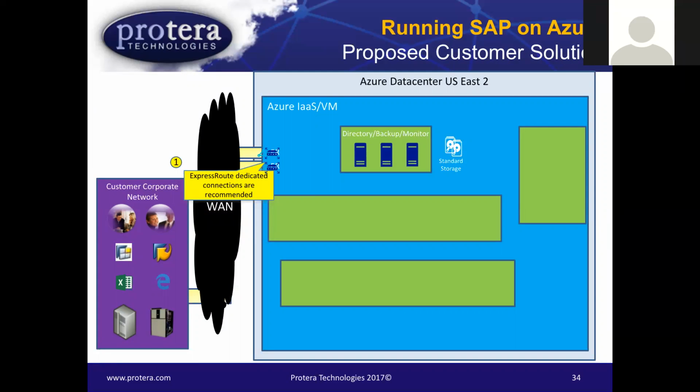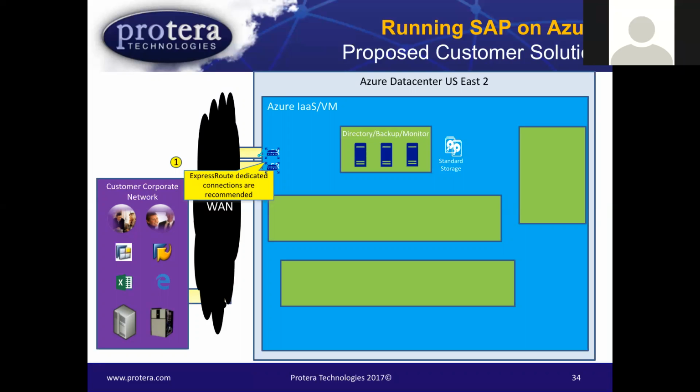So as part of this assessment, we're going to talk to an example here, and this is going to be a sample landscape. So when we talk about moving a proof of concept system over to HANA, let's say you're interested, we do the assessment, we're going to put the proof of concept system in. What are the next steps? The involvement from the customer actually can be very minimal. Number one, the first part we've got to look at is just the connectivity. ExpressRoute is a dedicated connection, and it's certainly recommended for production systems.